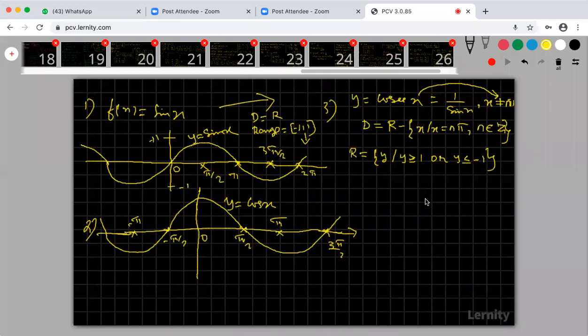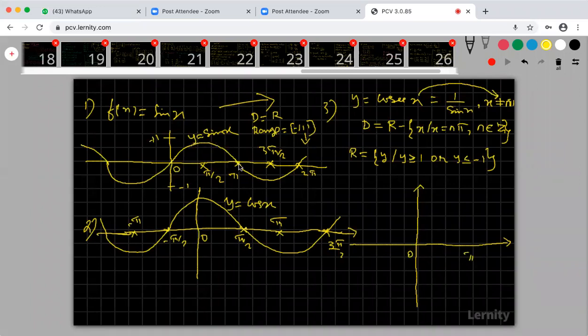Now, what is the graph of this function? Here, actually, from 0 to pi, your sin x curve is coming like that.